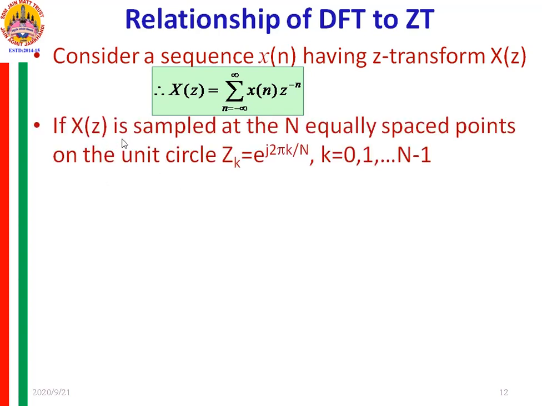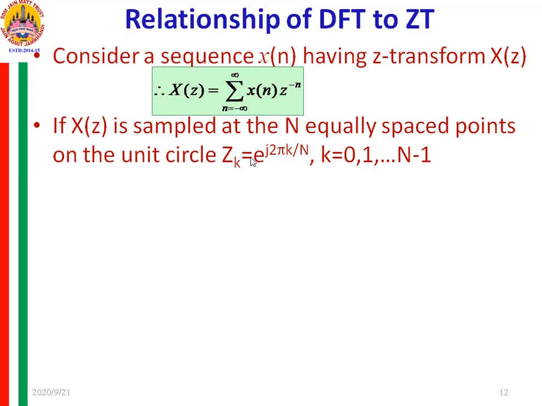So if X of z is sampled at N equally spaced points on the unit circle, z is generally represented as r into e raised to j omega, and if r is equal to 1, that means we are evaluating the Z transform on a unit circle, that is radius equal to 1.